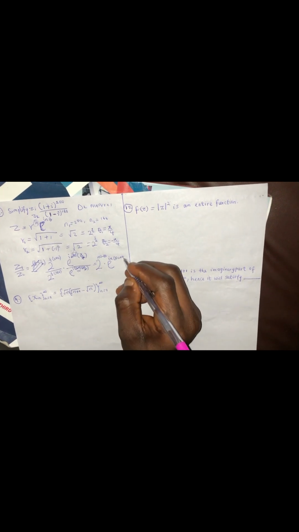Then don't forget I have 50 here, and I have 40 here, and I have minus. But due to the fact we have division, minus minus becomes plus 40. So this is your final answer. We have 2 to the power 100 minus 80, which is 20, right? And then e to the power of i pi, what do we have here? We have 90 here. So this would have been the final answer.